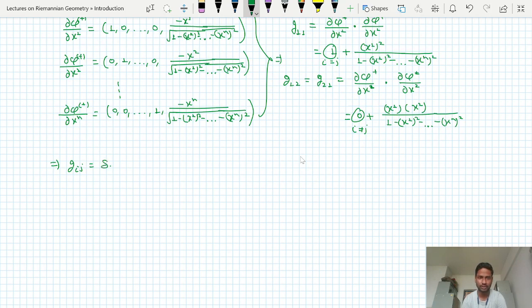So this is delta ij plus, in the numerator, in the case of i equals j, this is simply xi squared.